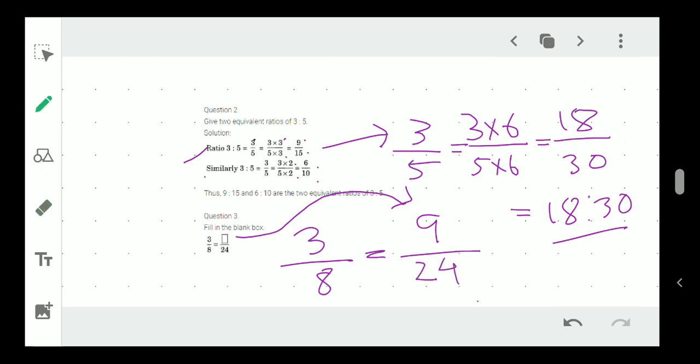So this is basically using common sense. We have to see this term 24, split it, and see what we have multiplied with 8 here. And we have to multiply the same thing on the upside to get the answer. Okay.